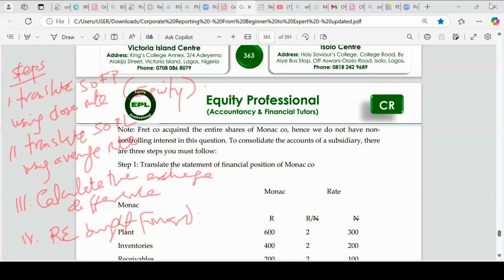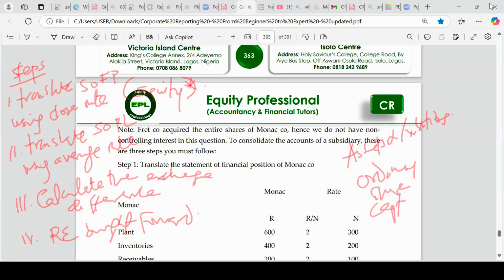But I said be careful about equity here. Let me shed some light on that. Now, my assets and liabilities, I can use the closing rate for them, no problem, not a big deal. But when it comes to the ordinary share capital, I need to be careful.